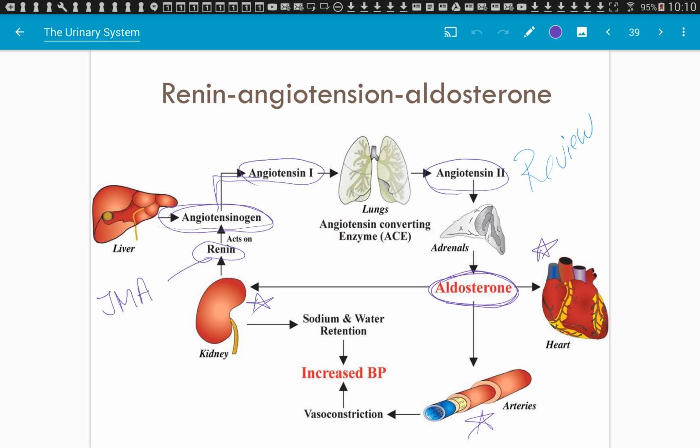For example, it would cause vasoconstriction, which would mean the vessel diameter would decrease, and by doing that, it will cause an increase in your blood pressure. Another thing, aldosterone in the kidney directly affects sodium ion reabsorption, and it also affects how your heart is pumping the blood volume and the blood rate.